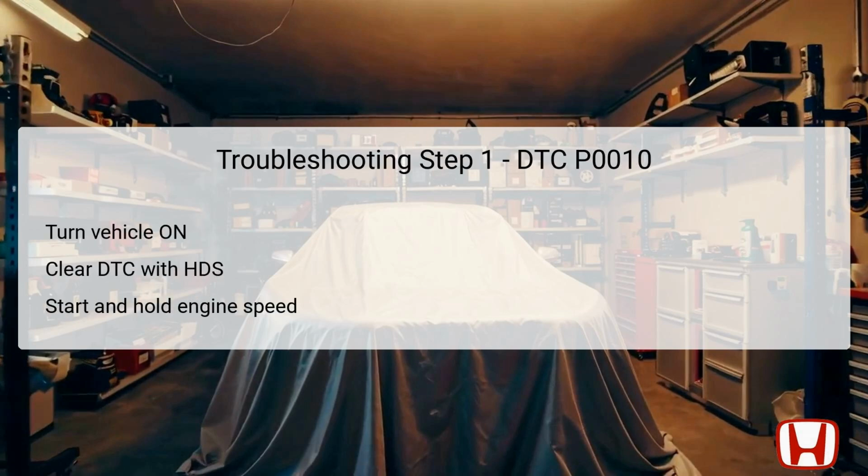A comprehensive diagnostic approach is required to address these symptoms effectively and confirm the precise fault related to the VTC system. The initial troubleshooting step for DTC P0010 involves turning the vehicle ignition to on. This enables the vehicle's electrical systems without starting the engine.